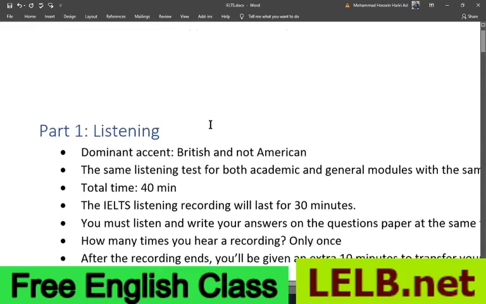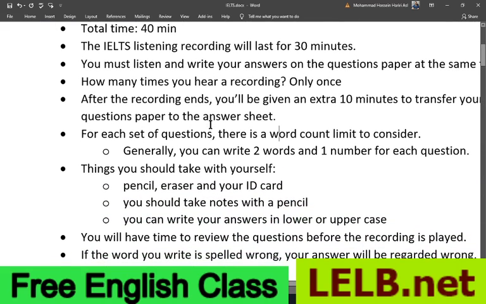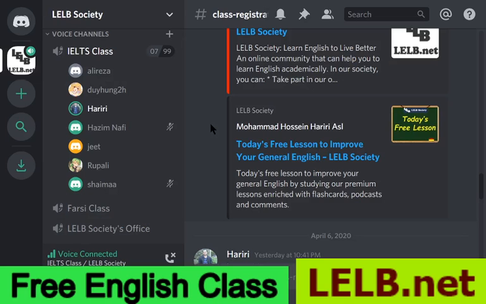So these are the most important elements that you must be aware of. And the overview of this section: in terms of the chronological order, you must know that this section comes first before the other sections of your IELTS exam, as you know.